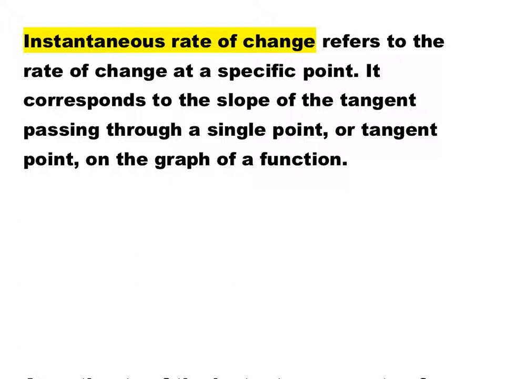For example, if a function is given f of x and you are required to find the instantaneous rate of change at a point, let's say a, what we are going to do, we are going to find another point, let's say b, which is a plus a very, very small amount. Let's call it 0.01.